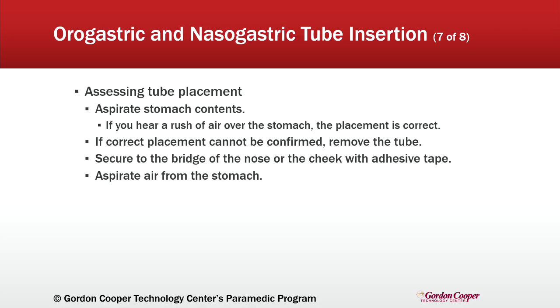Put that on the tube, listen over the upper left quadrant of the stomach, and push the air into the NG tube, listening for gushing or gurgling sounds. If you hear a gushing or gurgling sound over the right or left upper quadrant, then you know you've got your NG tube in the right spot.